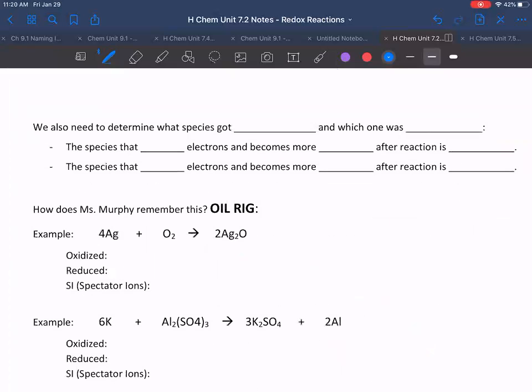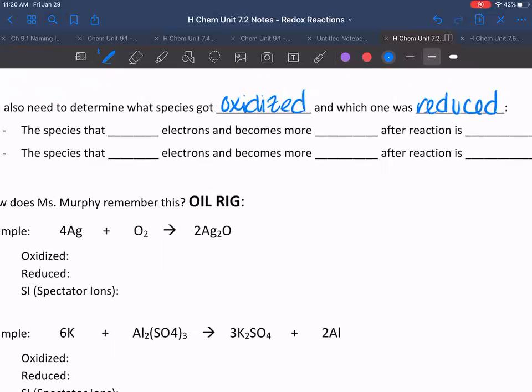So once you guys are determining the charges, the next step is going to be determining which species got oxidized and which one was reduced. This is a review, but it's good to get this down. The species that loses electrons, does it become more positive or negative?